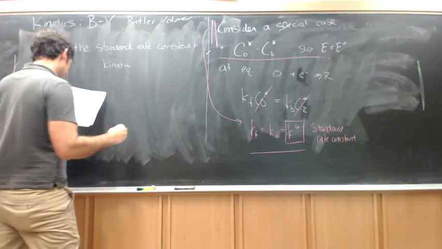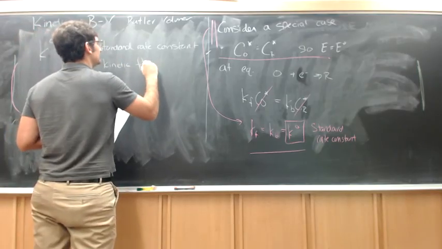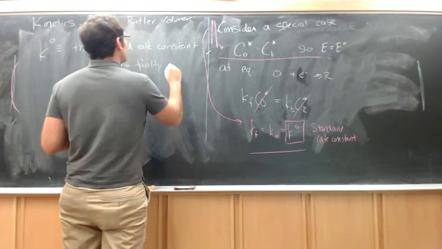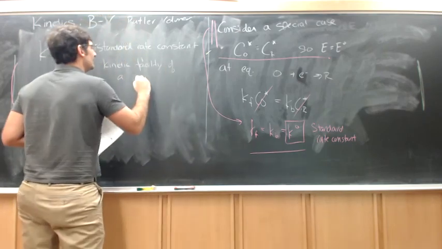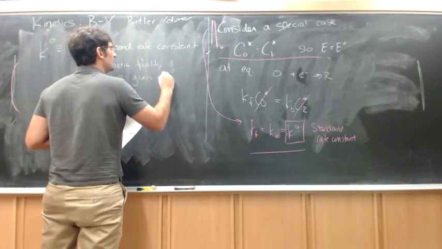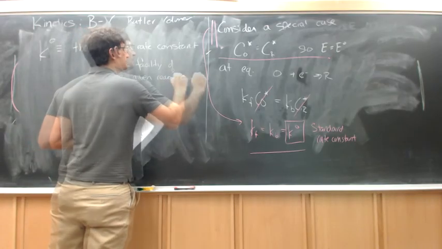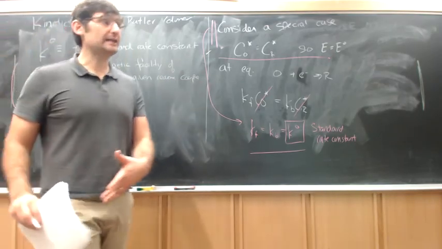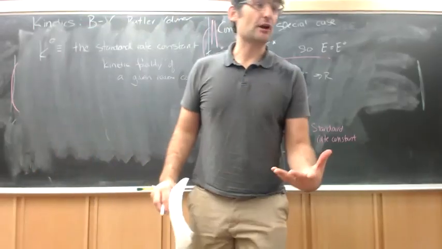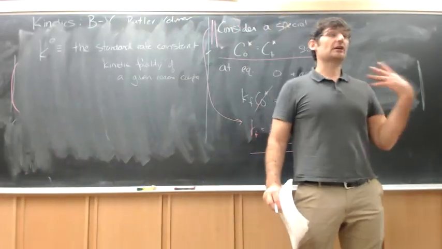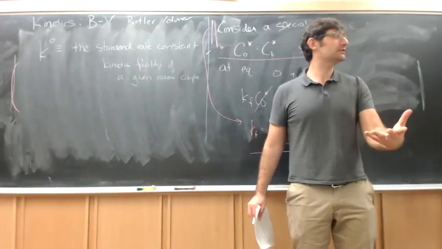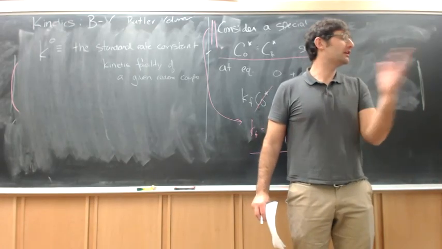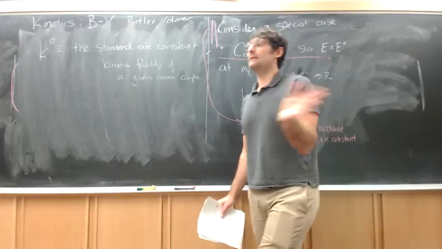It's related to the kinetic facility, so the kinetic ability or the speed of a given redox couple. So for example, if you're doing electrochemistry on ferrocyanide, which you did in lab, the kinetics are actually quite fast. If you're doing electrochemistry on water and oxygen, it's a 4-electron process, the kinetics are very slow. So they have very different K naughts by many, many orders of magnitude.